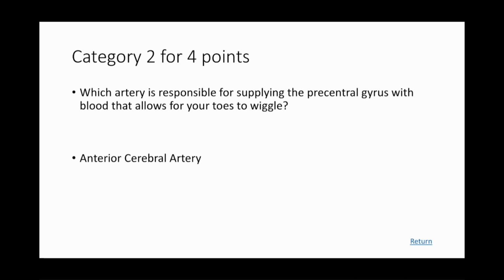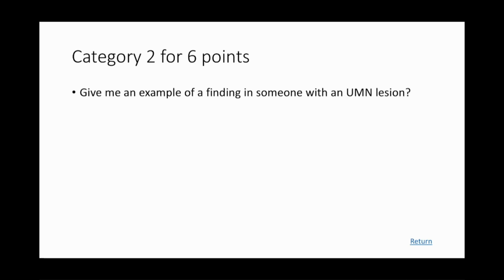If it was a posterior cerebral artery infarction or something wrong with the posterior cerebral artery, what kind of things would I be talking about? Vision problems. That's where our primary visual cortex is, in the occipital region. So that's posterior supply. So what are some examples of a finding in someone with an upper motor neuron lesion?